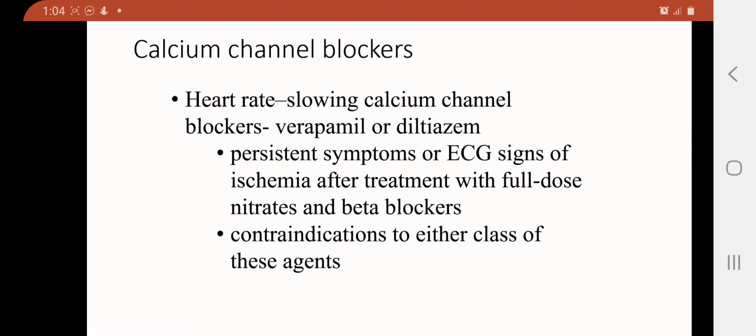For the calcium channel blockers, you can give verapamil or diltiazem only if you have ischemia after treatment with full dose of nitrates and beta blockers.